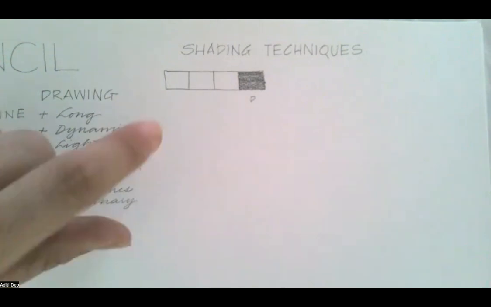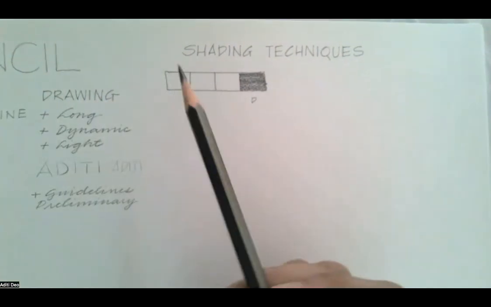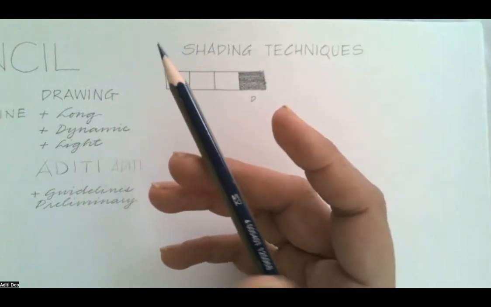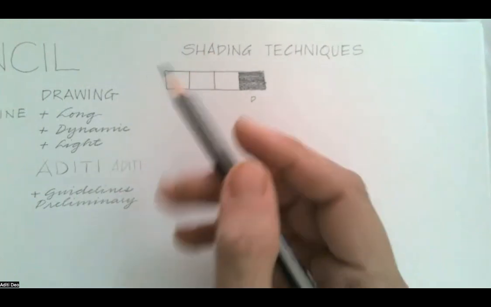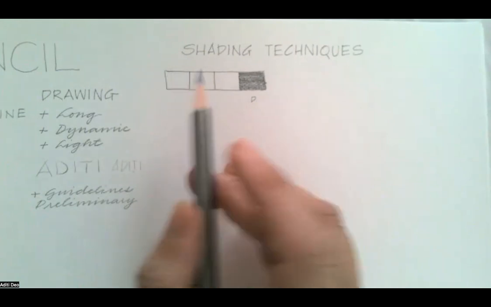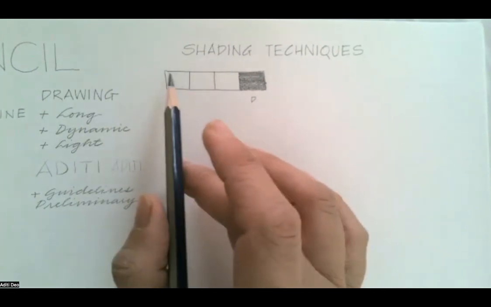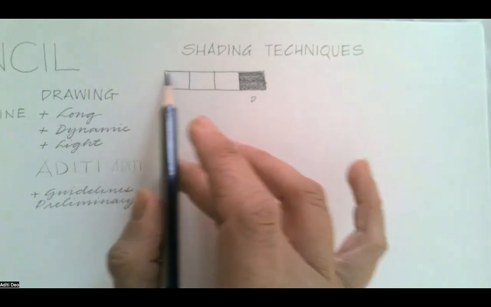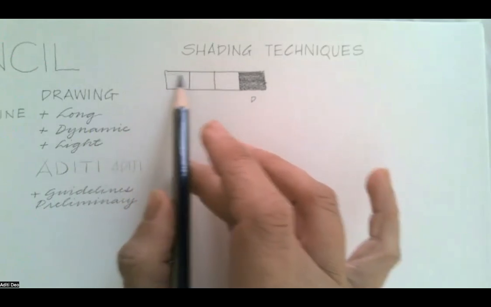Then in the box on the left, I want you to now try a new way of holding a pencil. Just gently place it in your hand and guide the pencil across the span of this box as slowly and as lightly as you can.